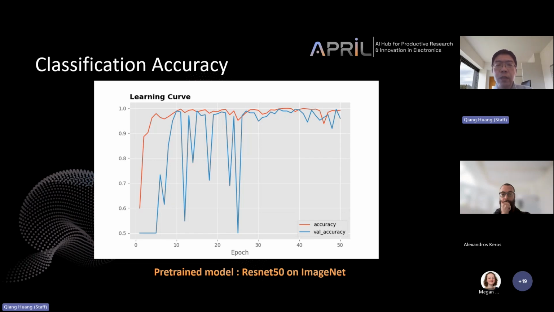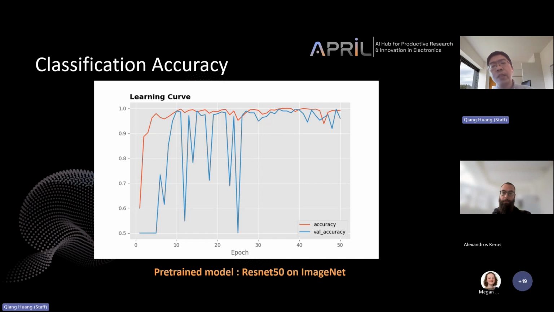You can find the final performance looks better than the previous one, but you can find there are some big zigzags, big jumps and big drops in the accuracy performance.